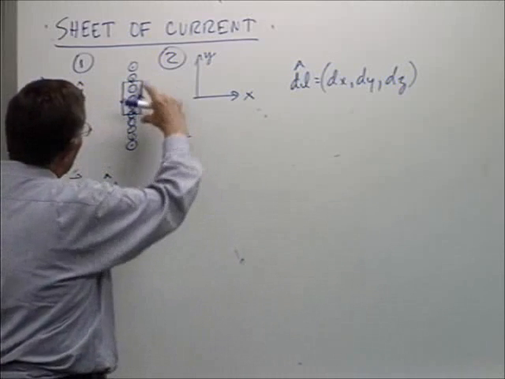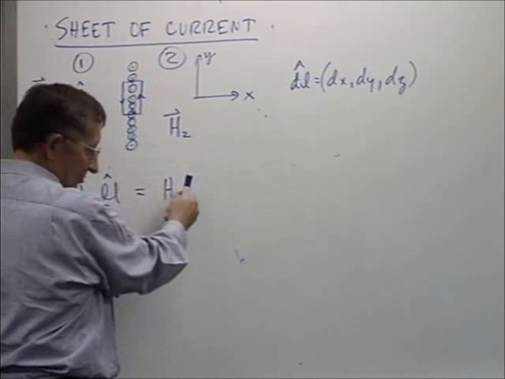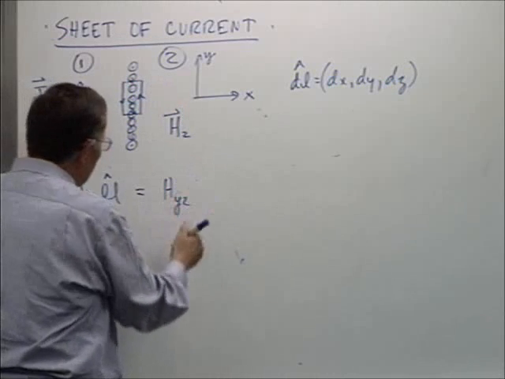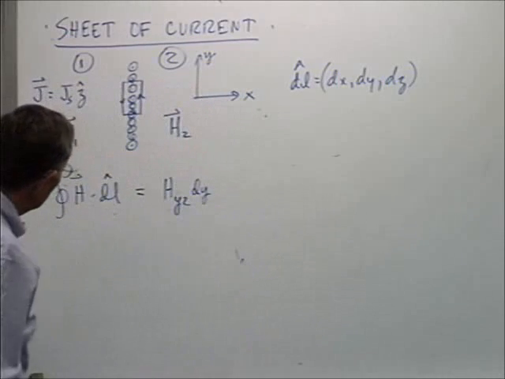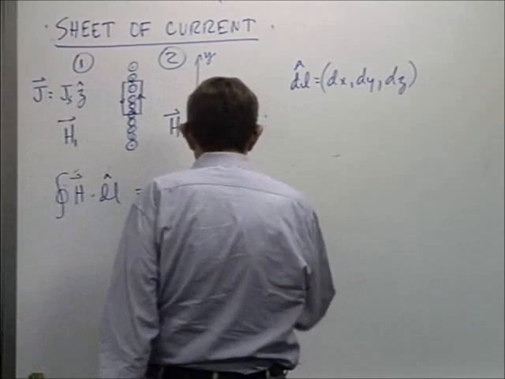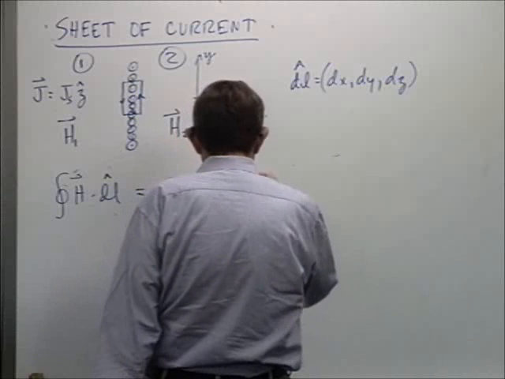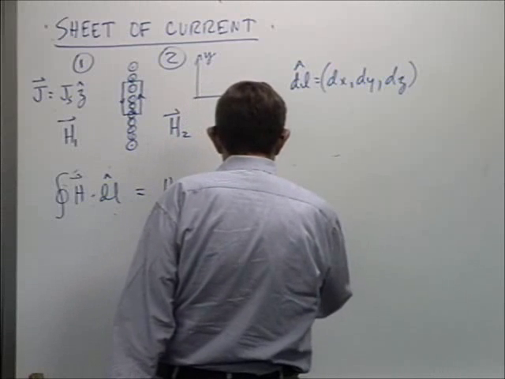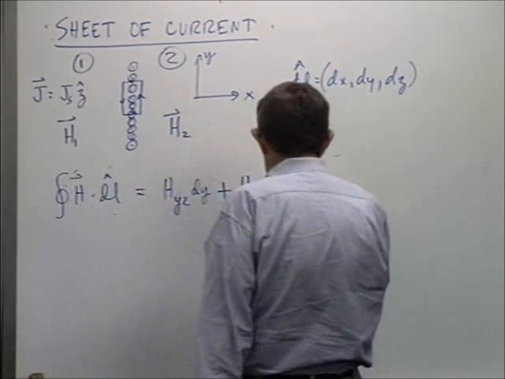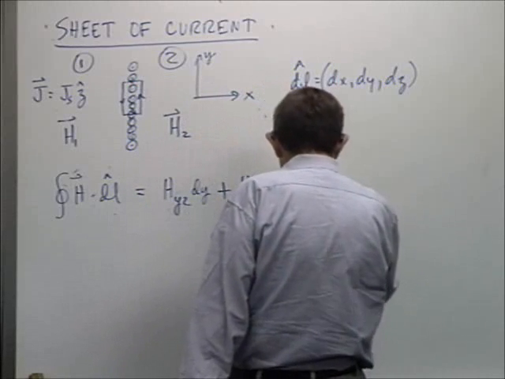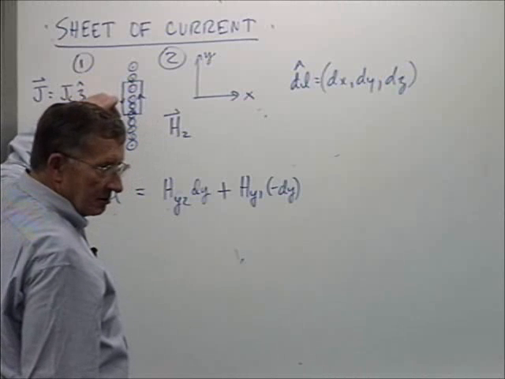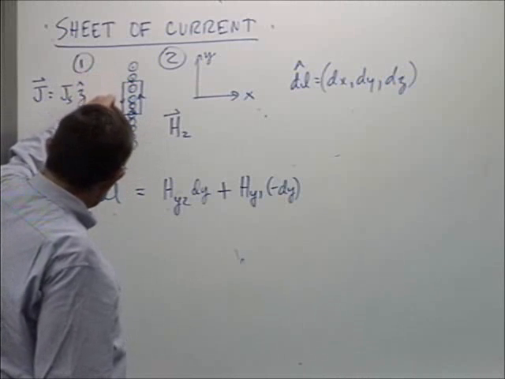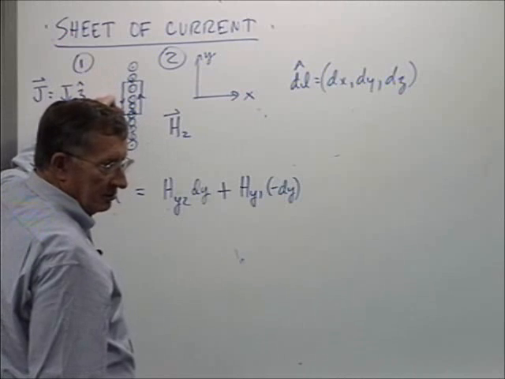If I do the dot product in this direction, it's only the y component, and it's going to be dy. And for the other side, it's going to be Hy in region 1, and it's a minus dy because dl along this path is minus dy.